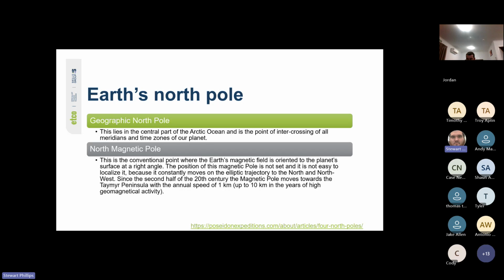The position of the magnetic North Pole is not set and is not easy to locate because it constantly moves on an elliptic trajectory to the north and northwest. Since the second half of the 20th century, the magnetic North Pole has moved towards the Taimyr Peninsula with an annual speed of 1 kilometer, up to 10 kilometers in years of high geothermal activity. So the North Magnetic Pole is constantly shifting, whereas the geographic North Pole is in the central part of the Arctic Ocean.